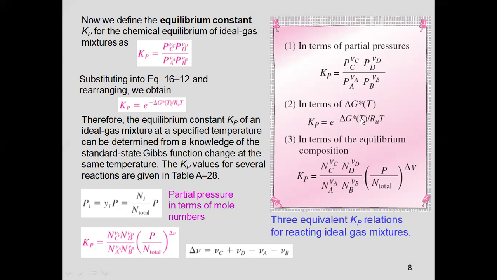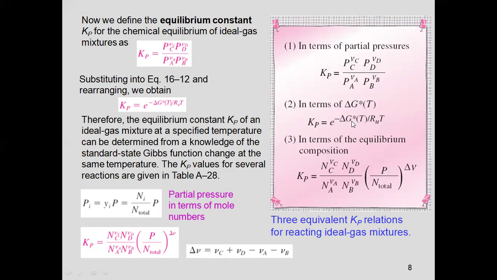For pressure, the tabulated data is available at 1 atmosphere. So at any other pressure, that is the partial pressure at which the component exists in the mixture. The mixture has a total pressure, but component-wise they exist in their partial pressures. So from the standard state of 1 atmosphere to the partial pressure, how the change of Gibbs function takes place, that we have done.